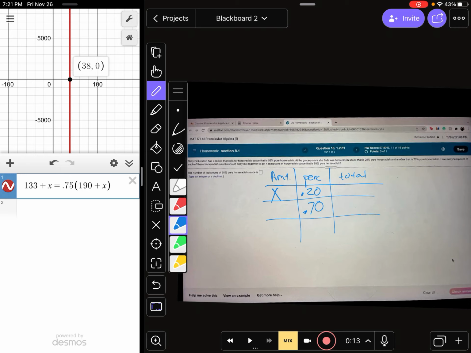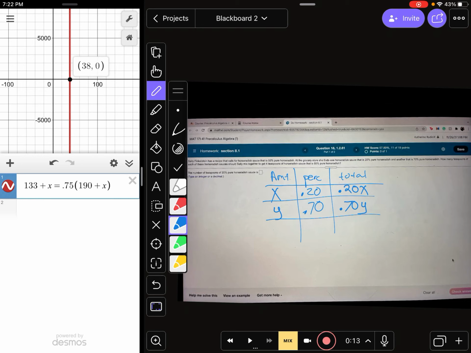So she buys X amount of that. It's 20% pure horseradish, so the total amount of horseradish is 0.20x. The second one, again, I don't know how much she needs to buy, so I'm going to call it Y. And 70% of it is pure horseradish. So the total amount of horseradish in that one is 0.70y.